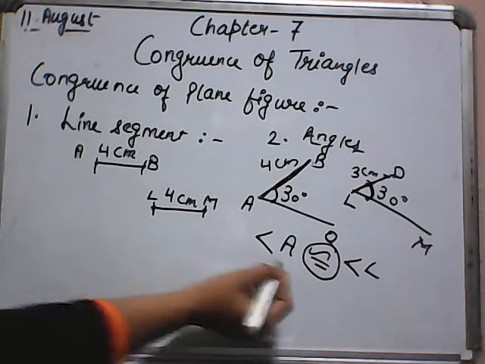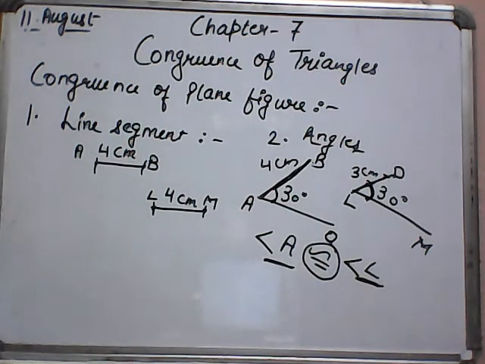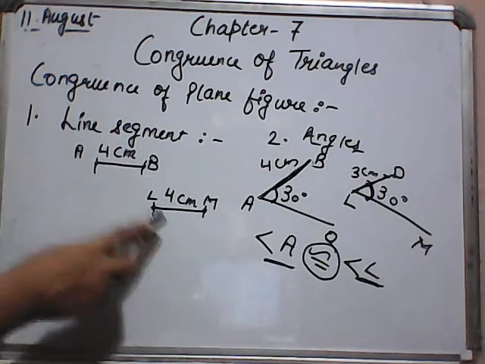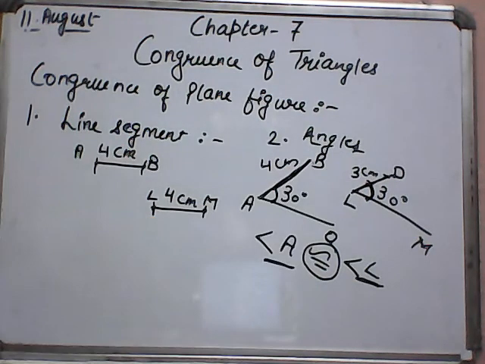Measurement. When you consider angles, you have to check the measurement of these two angles. Is it clear? Line segments: two line segments are said to be congruent if their measurements are the same. Two angles are said to be congruent if their measurements are the same, and the length of arms is not important.